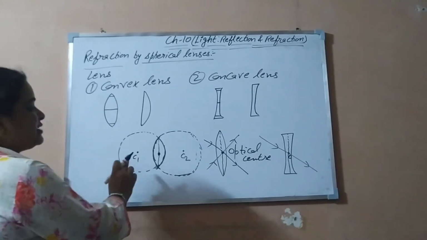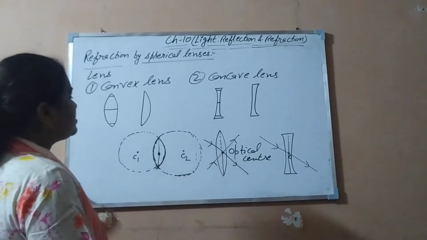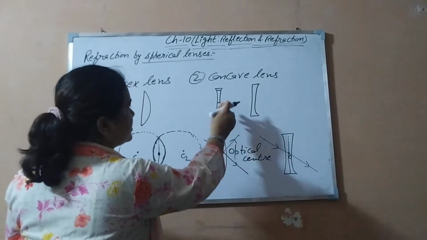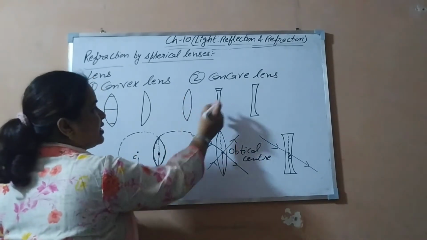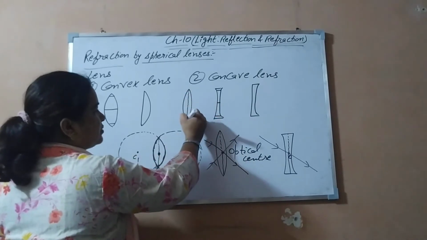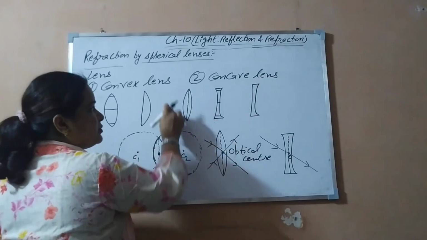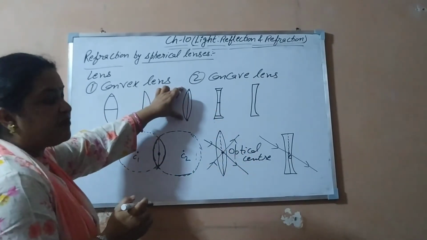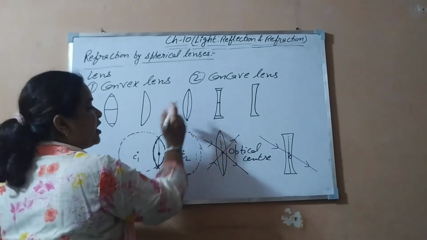So we have got the centers of curvature and the optical center. Now the term aperture comes. Let us draw the lens again. This is a convex lens and this is a concave lens. The circular outline of the lens, or its effective diameter, is known as its aperture.